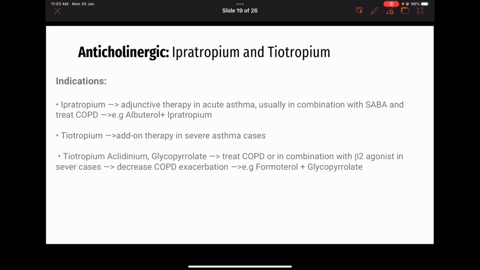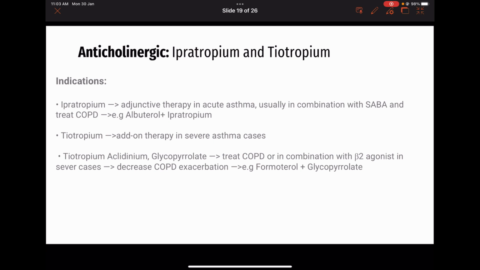Indications of ipratropium and tiotropium. Ipratropium is adjunctive therapy in acute asthma, usually in combination with a short-acting beta agonist, and treats COPD, for example albuterol plus ipratropium. Tiotropium has a long duration and is used as add-on therapy in severe asthma cases.